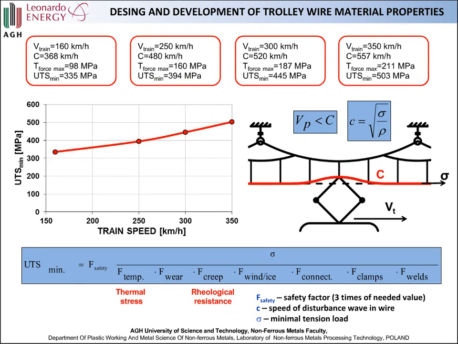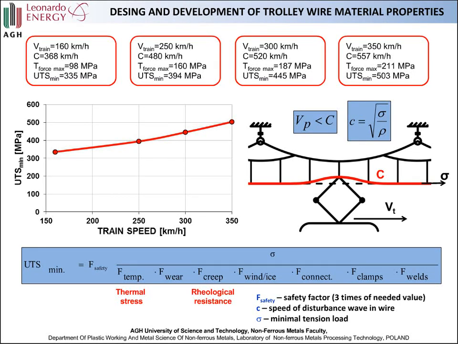Also, which is very important, the minimal ultimate tensile strength is much higher than the usual ultimate tensile strength of the used material, and this is due to several different factors: safety factor, temperature factor, wear factor, creep factor, factors responsible for phenomena connected with wind and ice, also connections, clamps and welds, all of them existing in a single line.